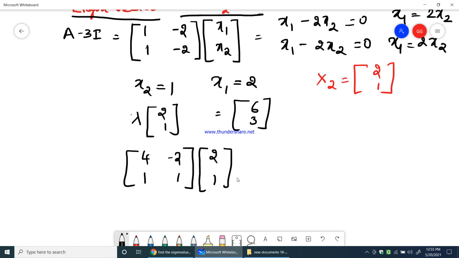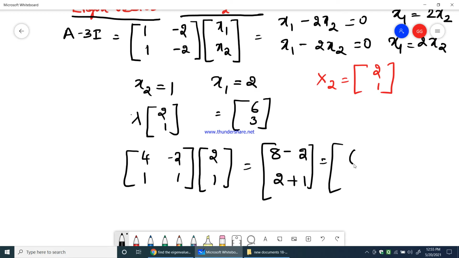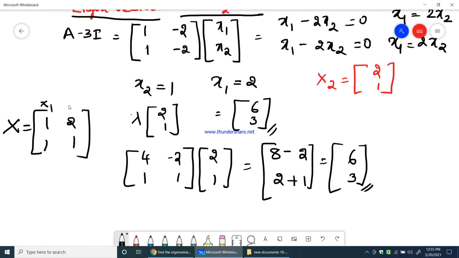So what do you get? 4 into 2 is 8, minus 2 into 1 is minus 2, 2 into 1 is 2, plus 1 into 1 is 1. So 8 minus 2 is 6, and 2 plus 1 is 3. This is how you prove the obtained eigenvector is correct. Therefore, the eigenvector matrix is now 1, 1, this is x1, and 2, 1, this is x2. So these are the eigenvectors of this particular matrix.